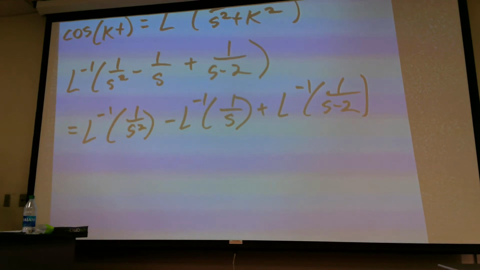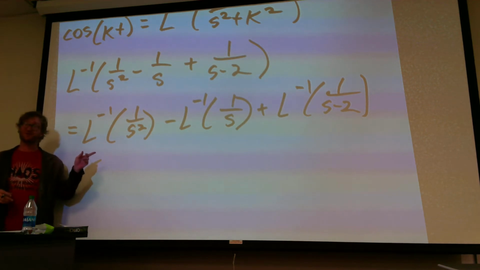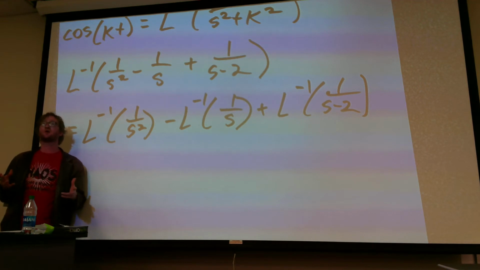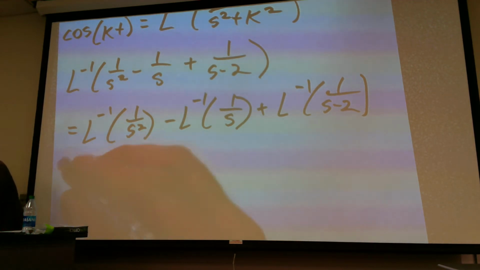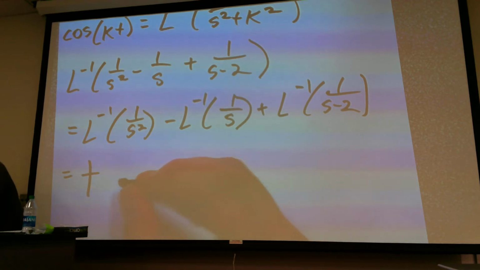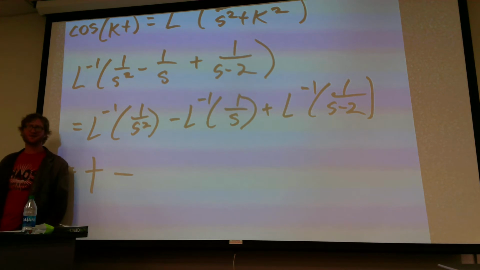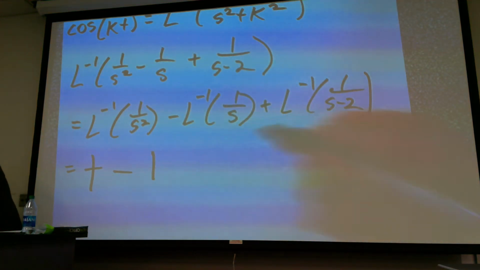The first two are the polynomials that we did in the first video. When we see 1 divided by s squared, remember, it's s to the n plus 1. What is n in this case? n is 1, so that's just going to be t. And 1 over s, you can think of that to the 1 power. What is n? n is really 0, so t to the 0 is really just 1.